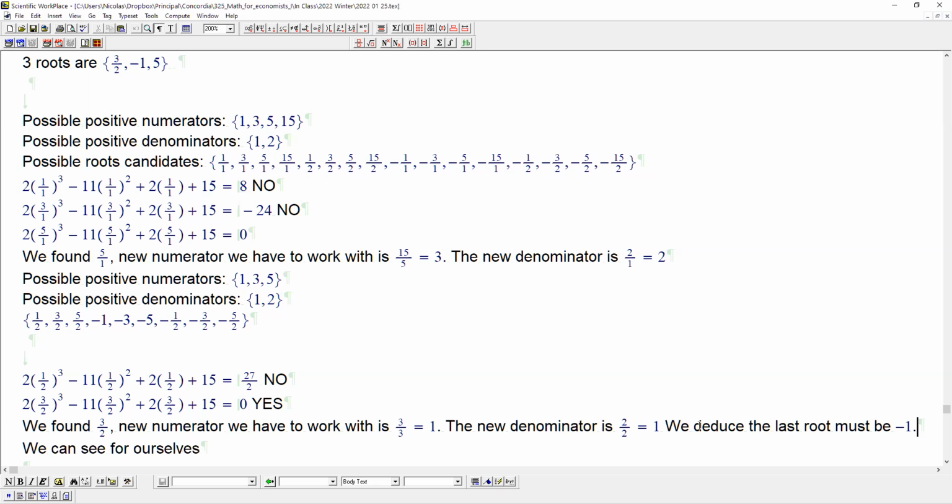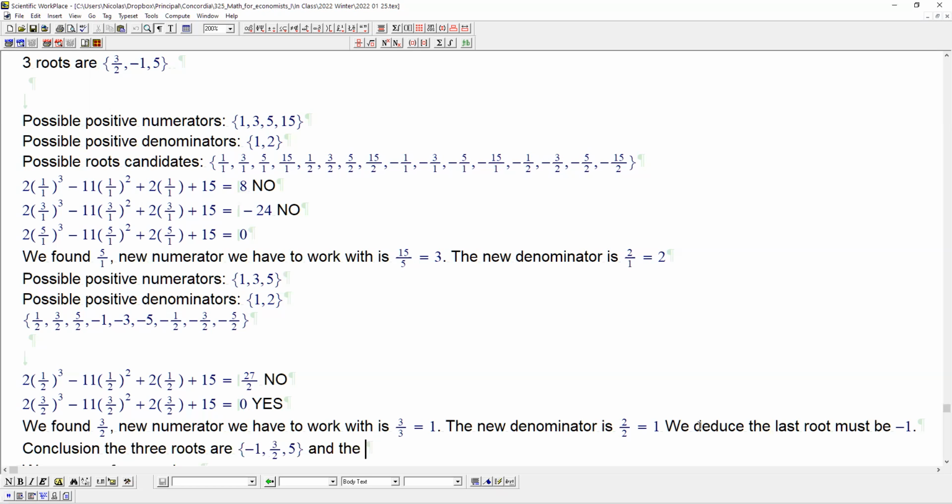Oh yeah, so just to conclude, the three roots are 5, what was the other, 3 halves, and -1. So if we order them, that's -1, 3 halves, and 5.